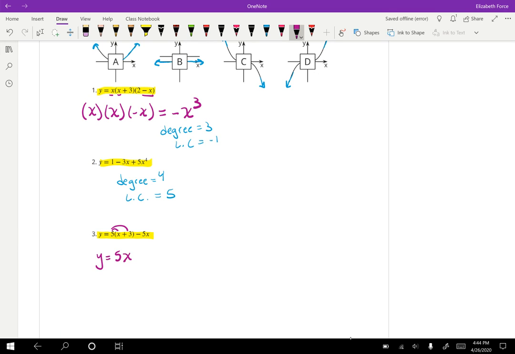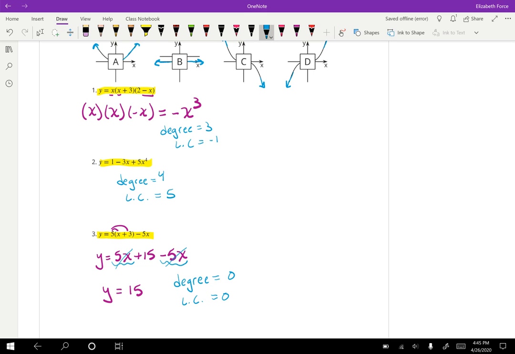I'm going to get 5x plus 15, carry down that minus 5x. And when I go to combine my like terms, this 5x and that negative 5x cancel with each other. So this leads me to y equals 15. Now this does have a degree. Every polynomial does have a degree. And in this case, because you're missing the x, your degree is 0. And your leading coefficient is also 0.